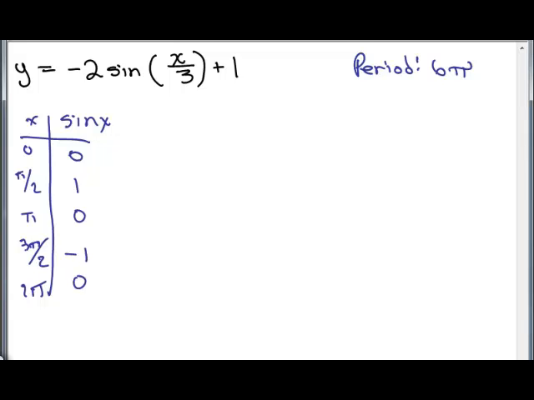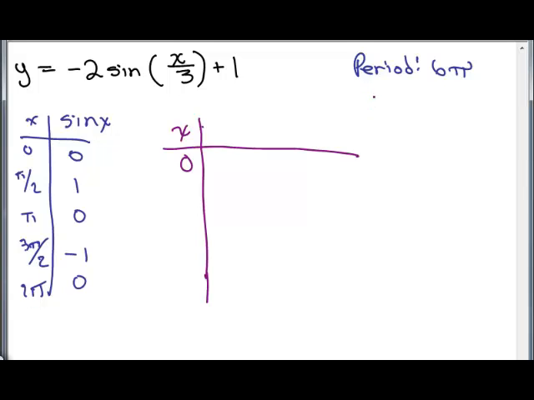But how do things change when I have this right here? Well, what I need to do is think about how my x coordinates change first. Since the period is 6 pi, and there's no phase shift, we're still going to start out with 0, but my last value needs to be 6 pi, not 2 pi, right?